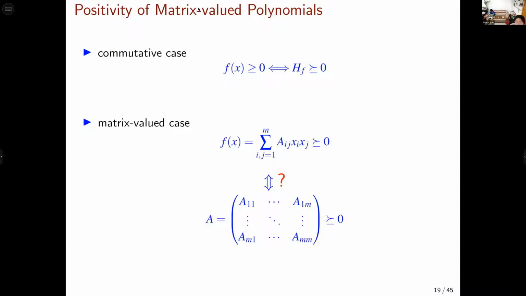We consider the same problem in the matrix-valued case. The matrix-valued polynomial f is positive semi-definite for all x if and only if its coefficient matrix is positive semi-definite.